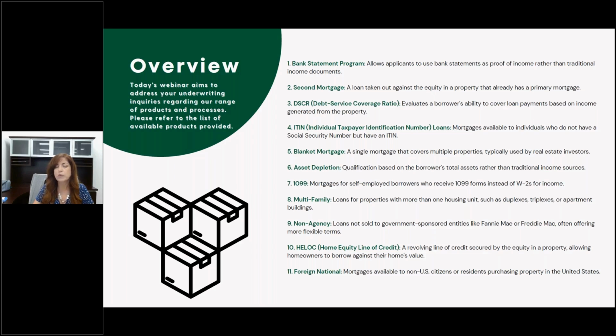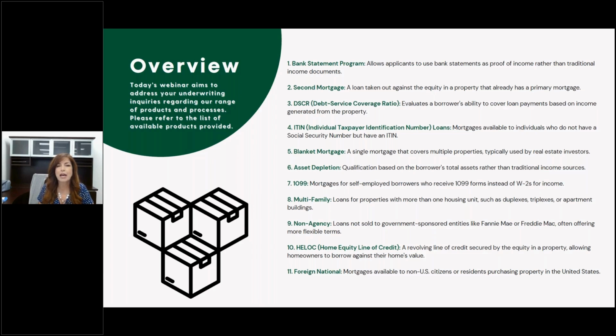Okay, same question. And again, feel free to even go back. So second mortgages, we are also in the second mortgage business now. We do both standalone seconds and we do HELOCs as well. These are really popular right now and maybe even becoming more popular because of the rates.